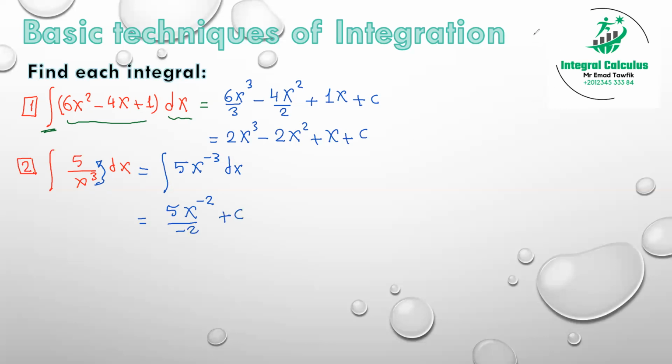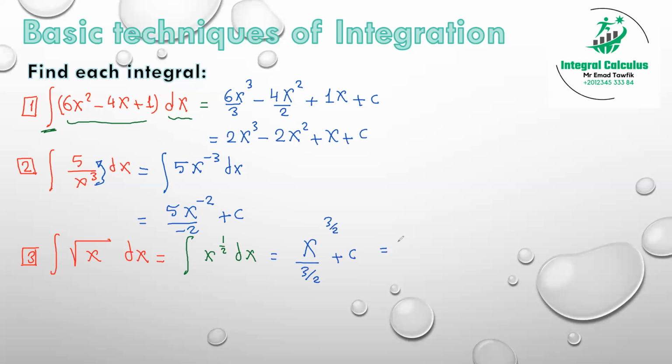For the next problem, another idea: the integration for the square root of x dx. The integration for root x is like x power half, so you have to rewrite your problem again as the integration for x power half dx. Just add 1 to your power: half plus 1 is x power 3 over 2, over 3 over 2, and then plus c.